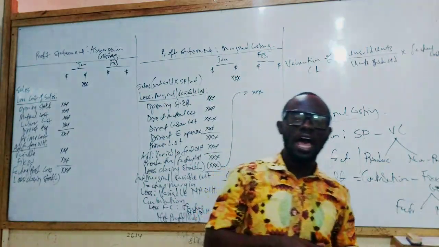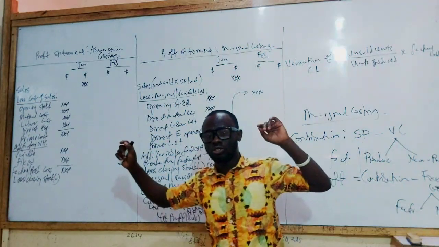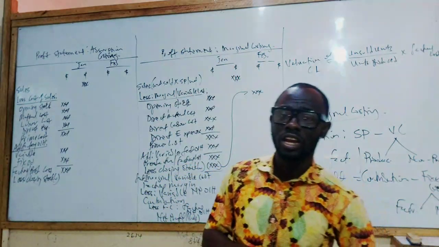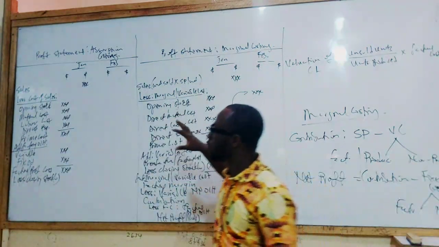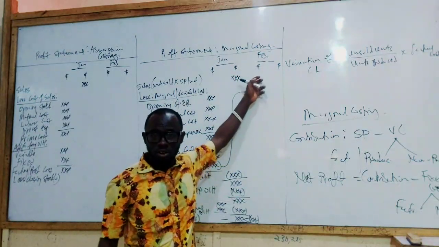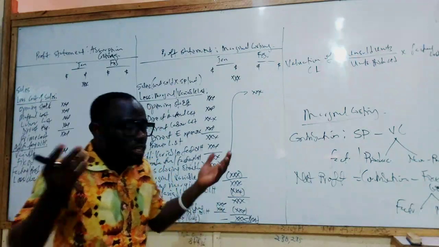And according to IAS 2, one of the distinctions about these two methods also is this, that according to IAS 2, inventories must be valued at what? Full factory cost. That is why the absorption costing is preferable over what? The marginal costing. So with marginal costing, you are valuing inventories at what?